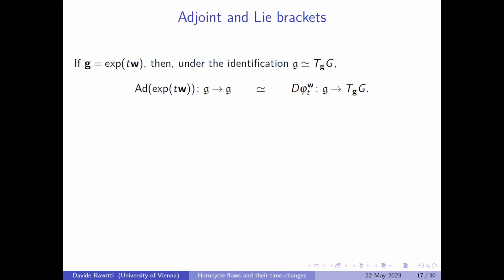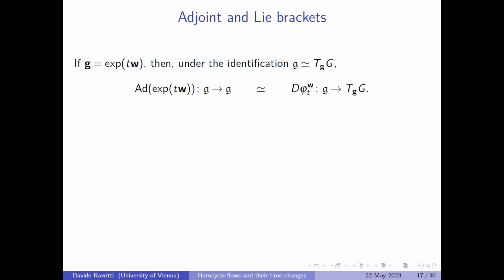Recall the time t map of my flow was the multiplication on the right by the exponential of t times W. So phi_W of t applied to some element is that element times the exponential of t times W. Its differential at the identity takes a tangent vector at the identity and maps it to a tangent vector at g. But then a tangent vector at g can be thought of as a tangent vector at the identity by multiplication on the left by the inverse of g, which is the exponential of minus tW.